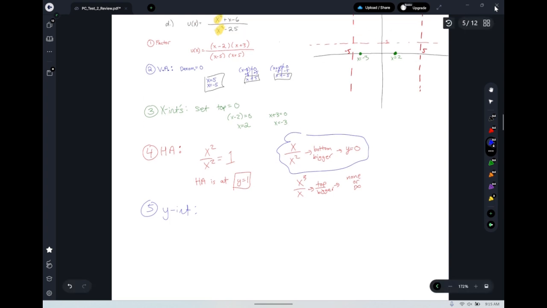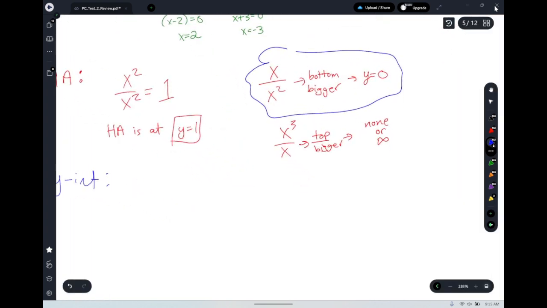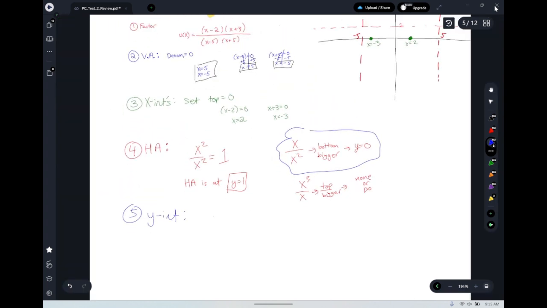If you plug in 0, you get 0 minus 2 times 0 plus 3 over 0 minus 5, 0 plus 5, which is negative 6 over negative 25, which is 6 over 25. It's the point 0 comma 6 over 25.